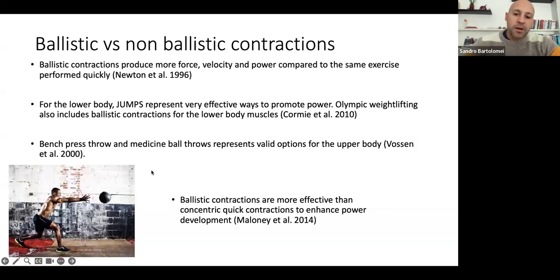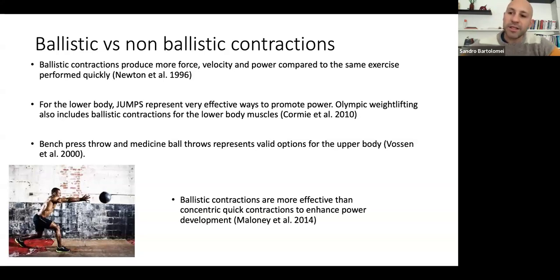Okay. Bench press throw. It is also important to use throwing exercises, throwing medicine balls, and the same factor is valid. So few throws at maximum speed, maximum explosive intent, to improve maximum power, especially when you are relatively fresh.